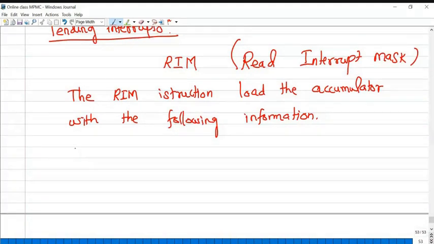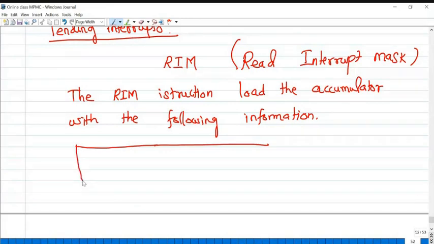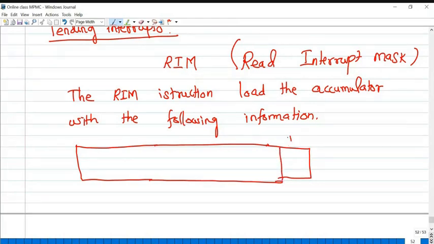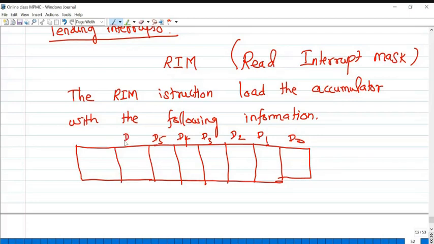So what is that information? The 8-bit accumulator content: D0, D1, D2, D3, D4, D5, D6, D7.